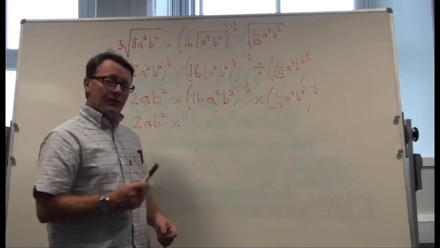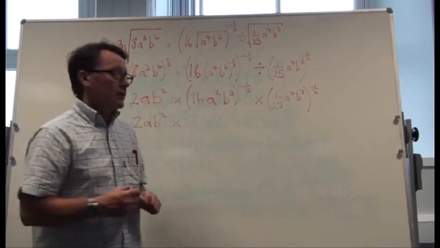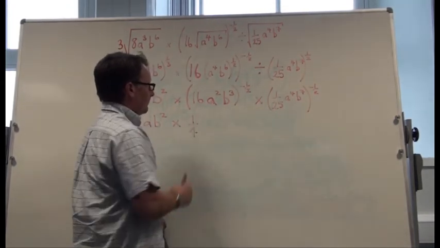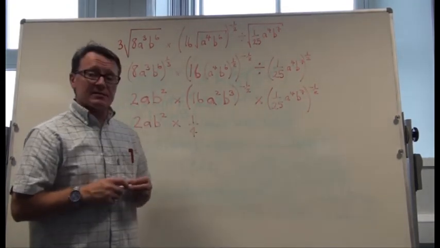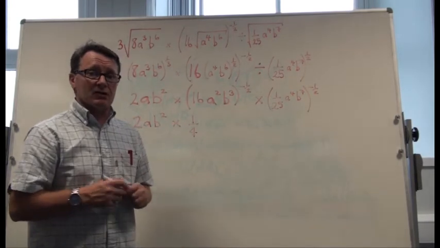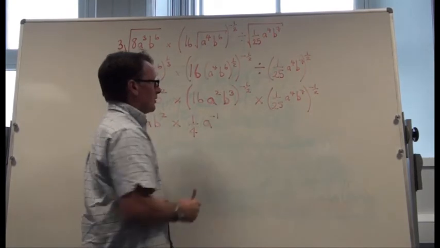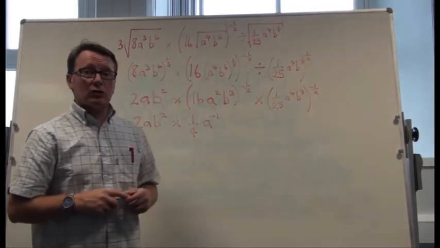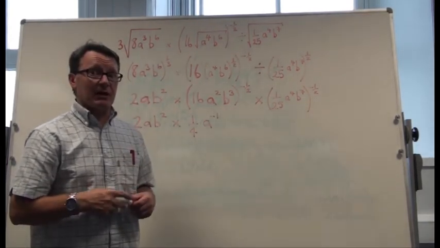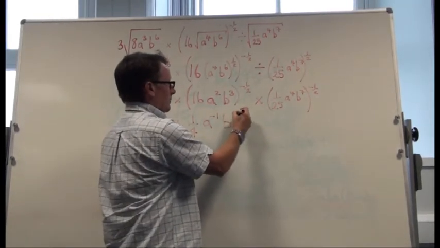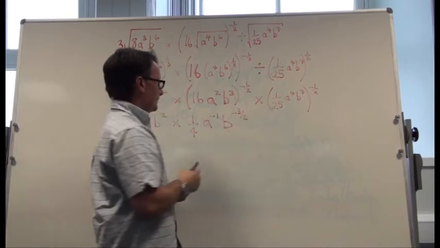So I've got 1 over the square root of 16, which is 1 over 4. A squared multiplied by minus a half will give me a to the minus 1, and b to the power 3 times minus a half will be b to the minus 3 over 2.